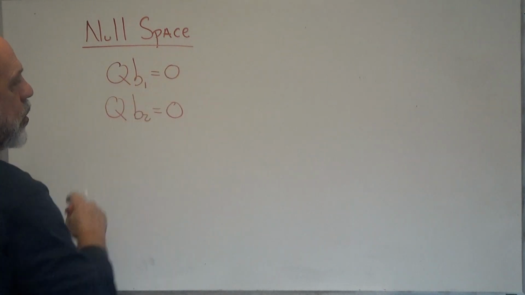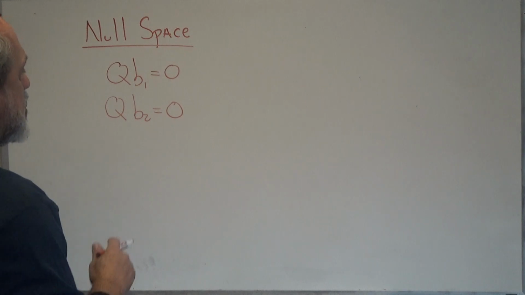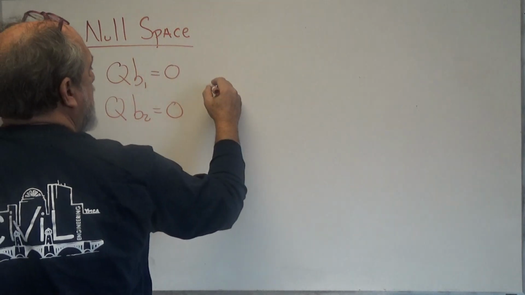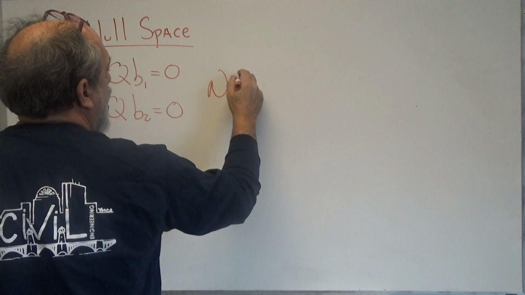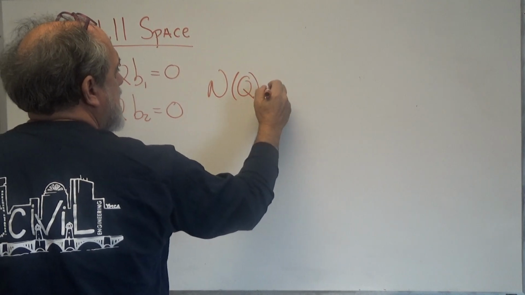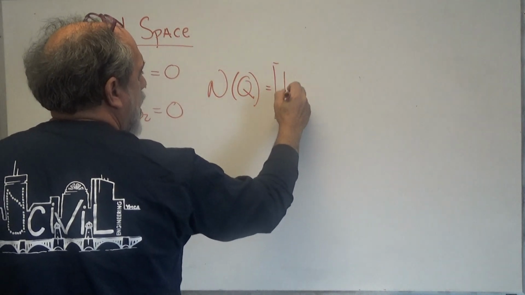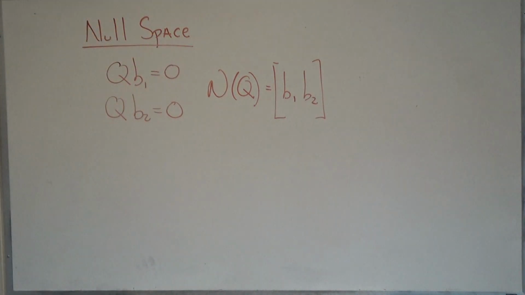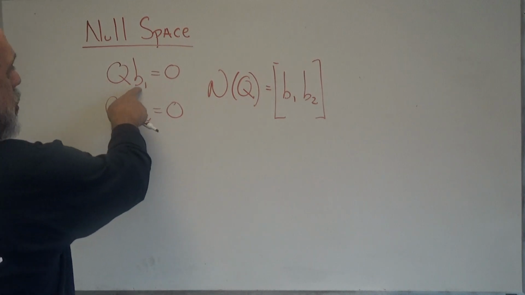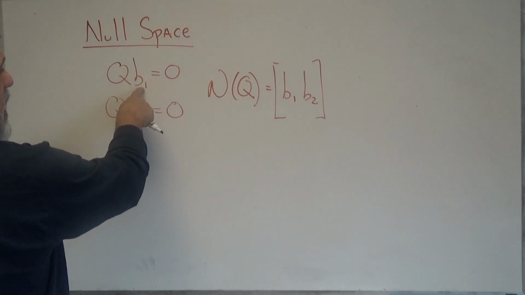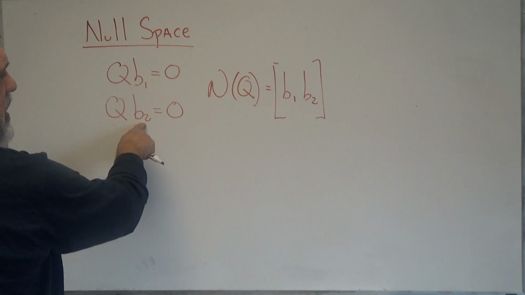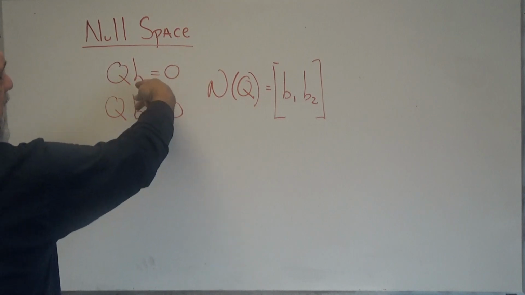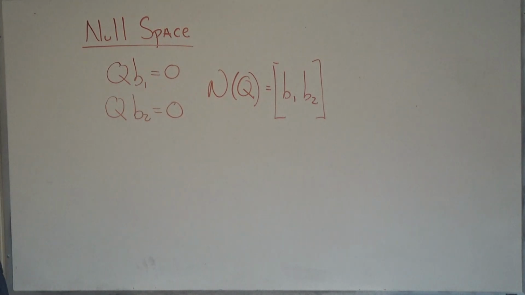But B1 and B2 are linearly independent. So if that's the case, we would say that the null space of Q, in this case, would be made up of a subspace which has these two columns, B1 and B2. Now notice that if B1 is in the null space and B2 is in the null space, so is any linear combination of B1 and B2, right?